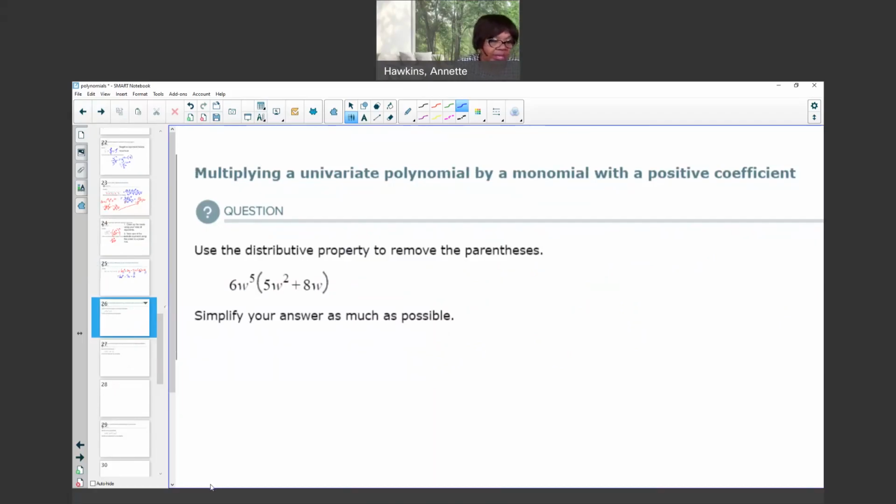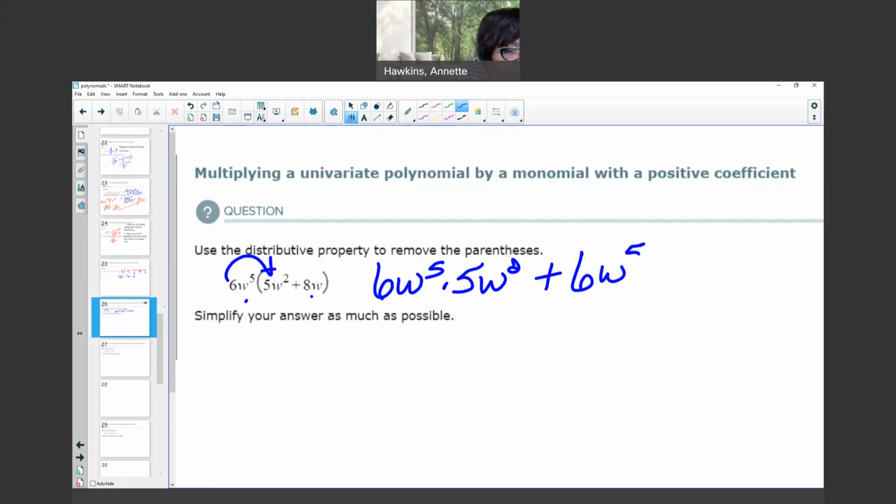All right, so we are multiplying a monomial times this binomial. So we're going to use our distributive property. So this is 6w to the 5th times 5w squared plus 6w to the 5th times 8w. So when we end up multiplying, we have to use our rules of exponents.